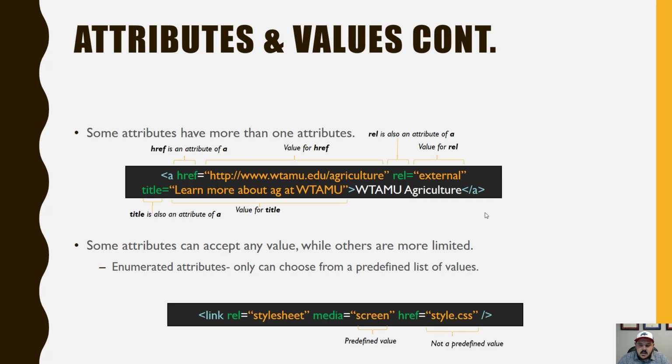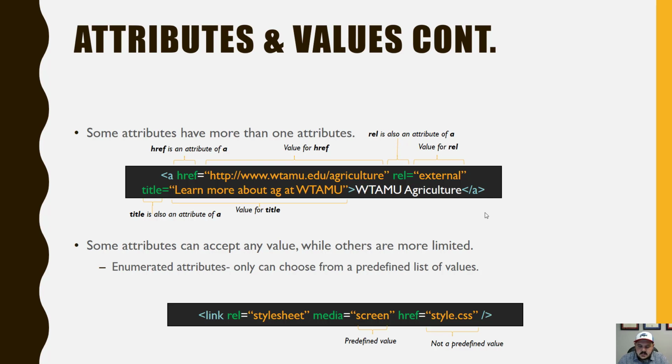Now let's get into what attributes can and cannot accept. Some attributes can accept any value, but there are some that have a list of predetermined values. Enumerated attributes only choose from a predefined list of values.